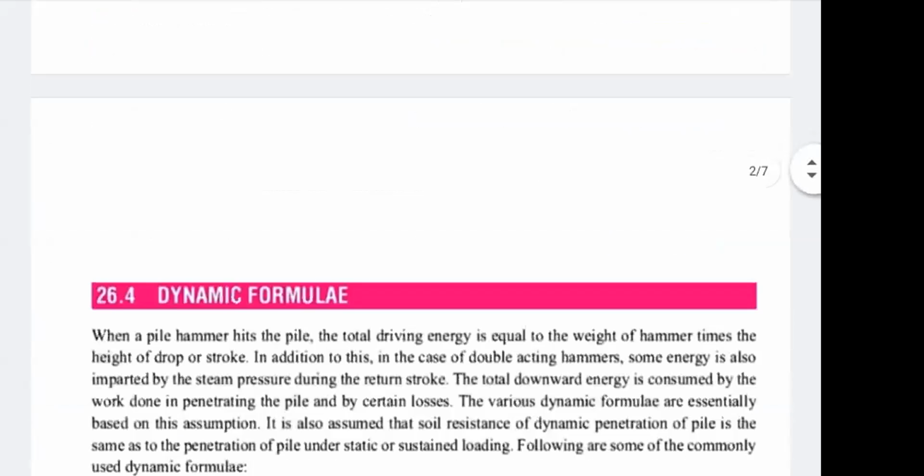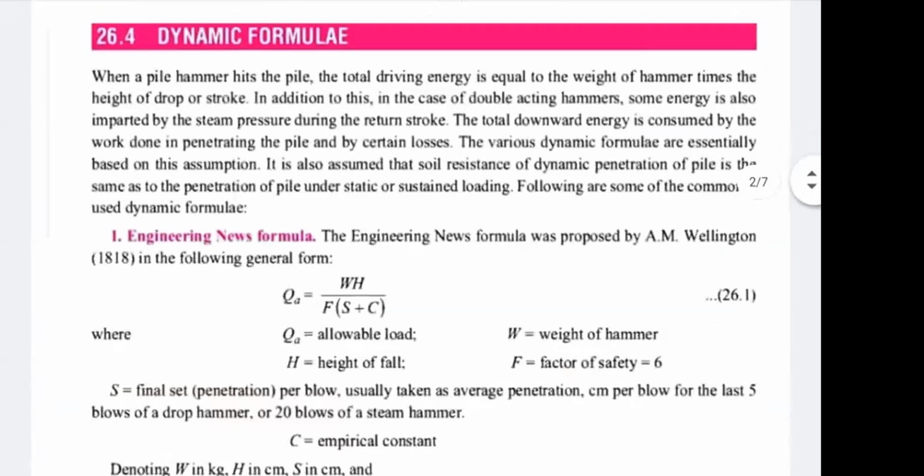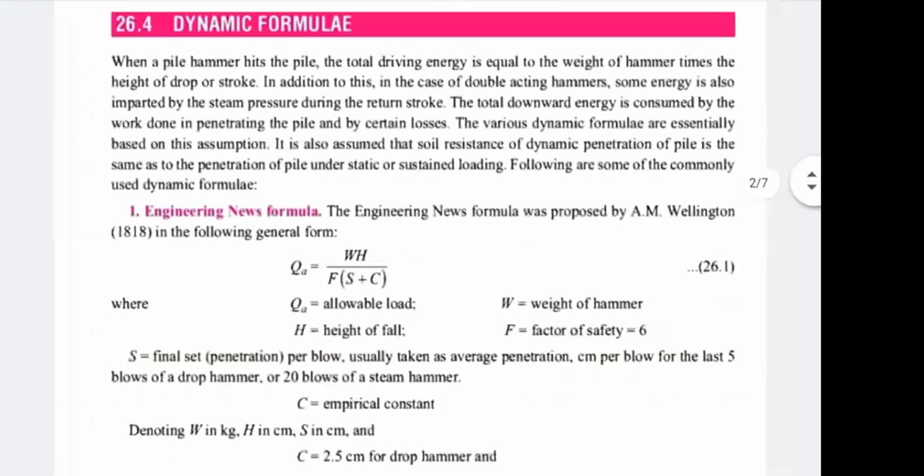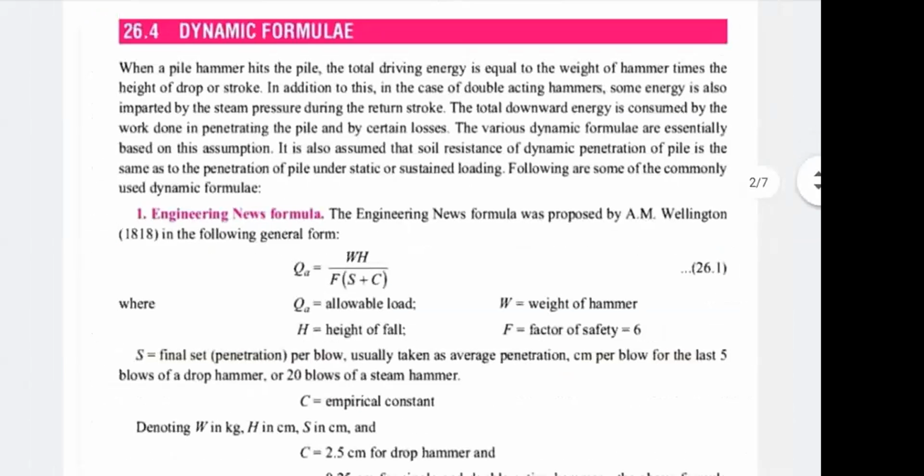Now the first one is the dynamic formula. What are the different dynamic formulae? When a hammer hits the pile, if you need to insert your pile, suppose the pile has a depth of 9 meters, you cannot manually excavate a 9 meter depth. You can directly insert your pile into the ground by using a hammer.